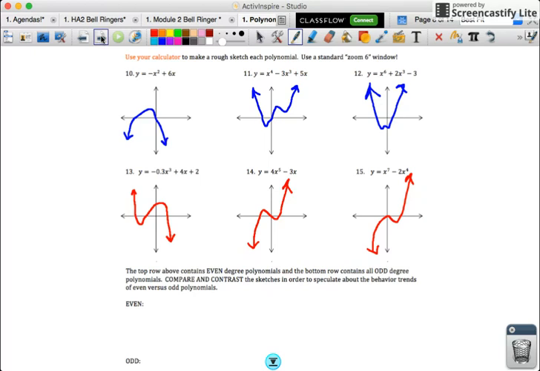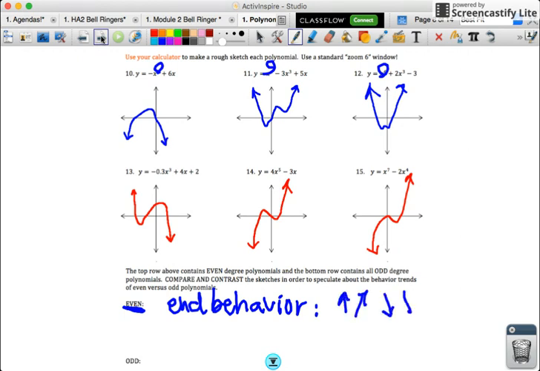From here, hopefully you got similar rough views in your calculator. So what I wanted you to notice is that when I have a degree that is even, right, 2, 4, 6, that means I am going to have graphs where my end behavior is going the same direction. So they're each both going up and up, or they're going down and down.